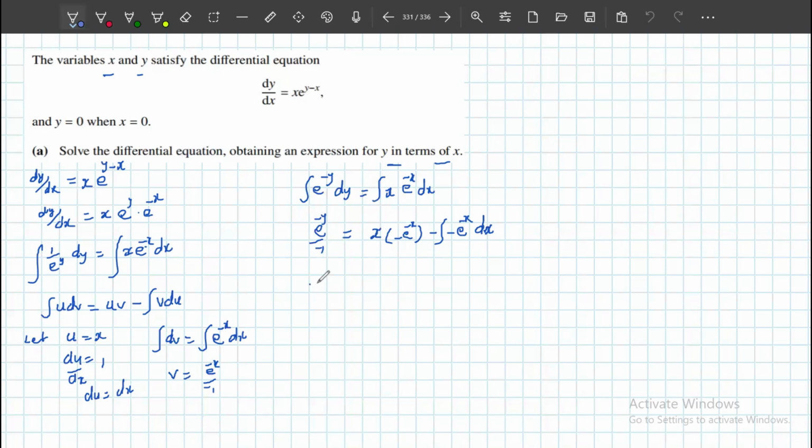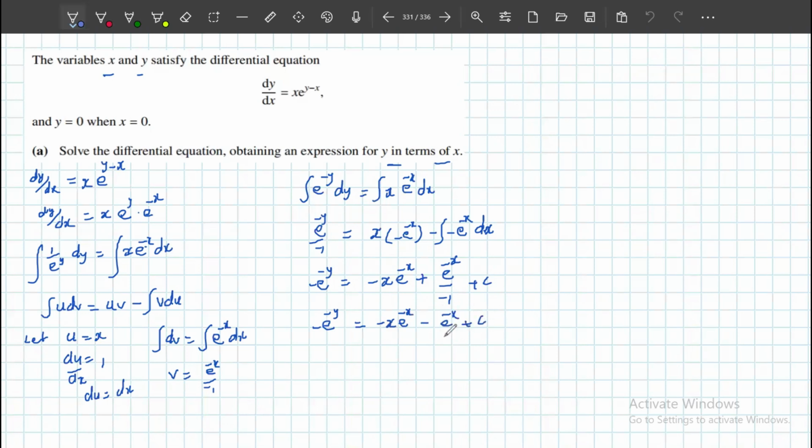And next step, we have minus e power minus y is equal to minus x e power minus x plus, once you take the integration of e power minus x, it gives me e power minus x over minus 1, plus the constant of integration. So e power minus y is equal to minus x e power minus x minus e power minus x plus c.